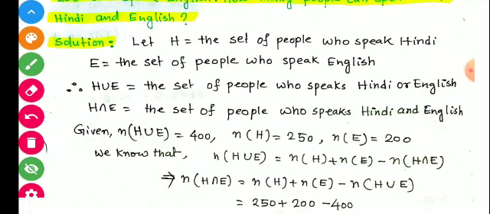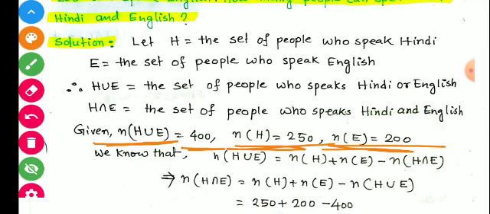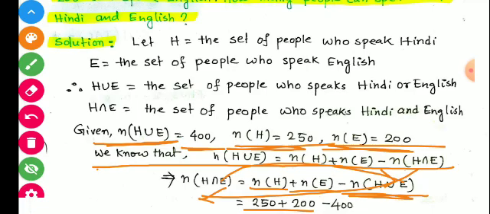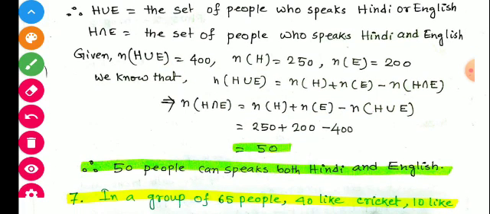What is given in the question: the number of elements of H union E is 400, n of H is 250, n of E is 200. We already know the formula: n of H union E equals n of H plus n of E minus n of H intersection E. Putting in the values, after calculation we get H intersection E is 50.